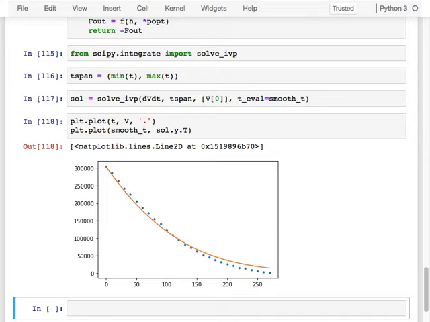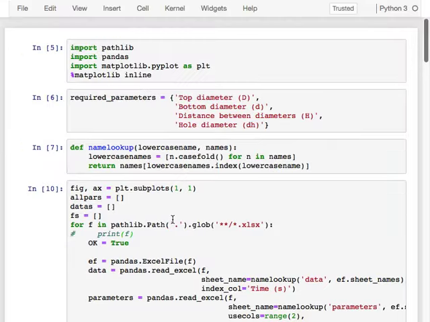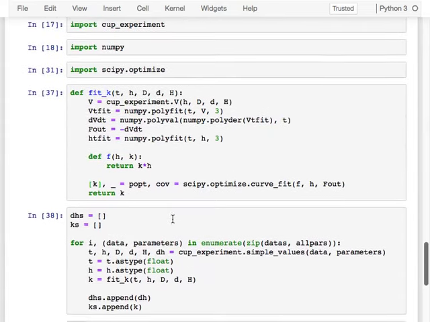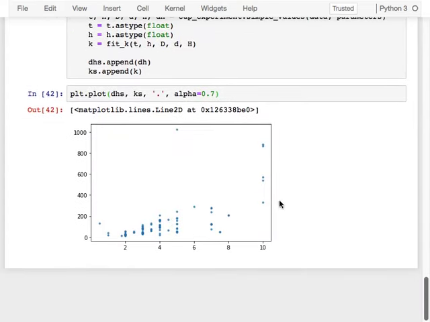You'll see in the final notebook that I'll upload a little bit later today that I've already done this. Here's one that I prepared earlier, as they say. I've copied and pasted everything, calculated the k value and plotted it as a function of the whole height. So reassuringly, the k value becomes bigger as the hole becomes bigger. But it looks like we're still missing a little bit of information there.